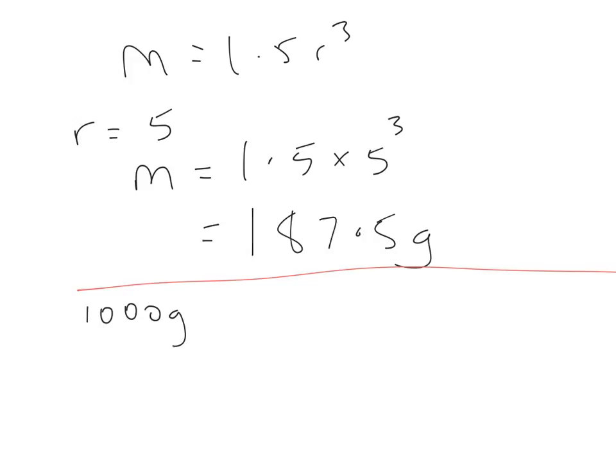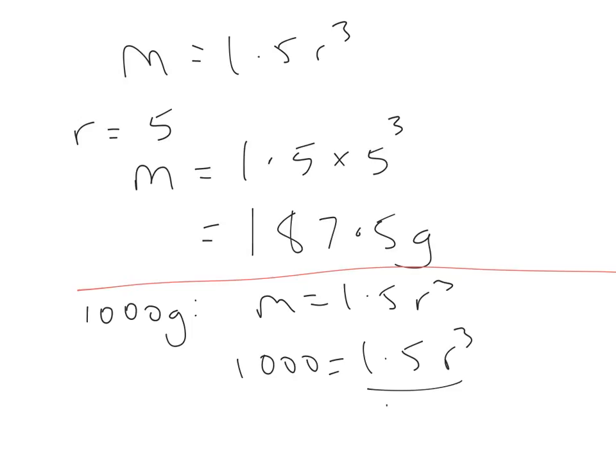Alternatively, we can ask what is the radius if the ball is 1,000 grams. So we put it back into the original equation, 1.5 r cubed, where the mass is now 1,000, so 1,000 equals 1.5 r cubed. How do I get rid of the 1.5? Divide by 1.5, 1,000 over 1.5.